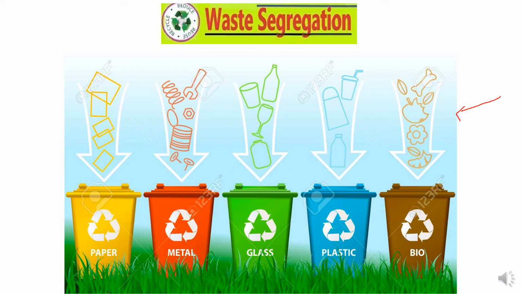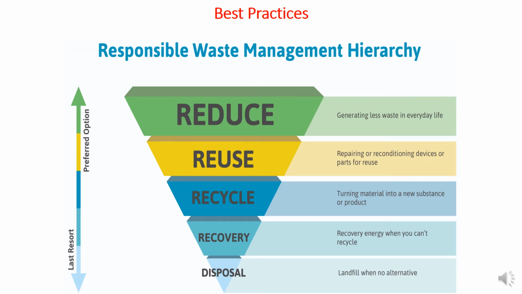So this is just a kind of waste segregation setup. I think this is very familiar, mostly for normal places you can see bins for paper, metal, glass, plastic, biohazards. Okay, this is just one more decent example. This slide shows us a very beautiful waste management hierarchy, and from this slide we can understand how we can reuse or recycle our waste, and then it can be beneficial for our society.